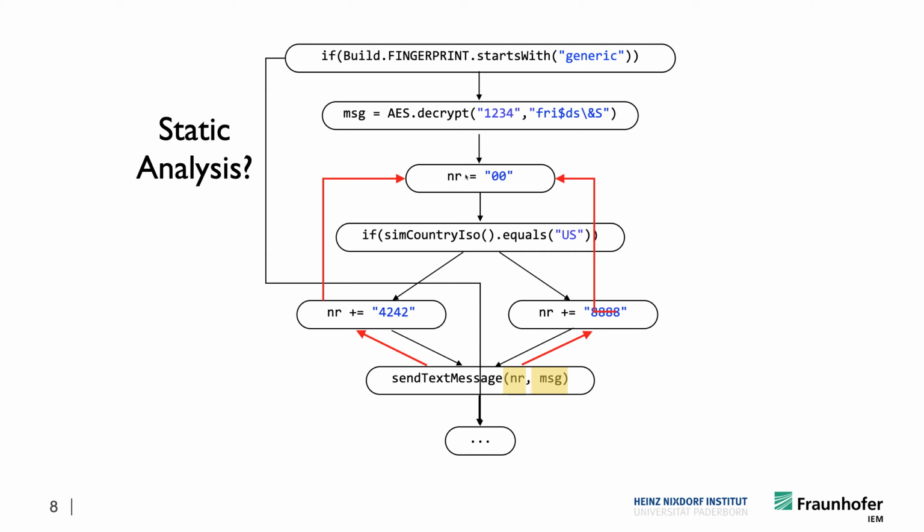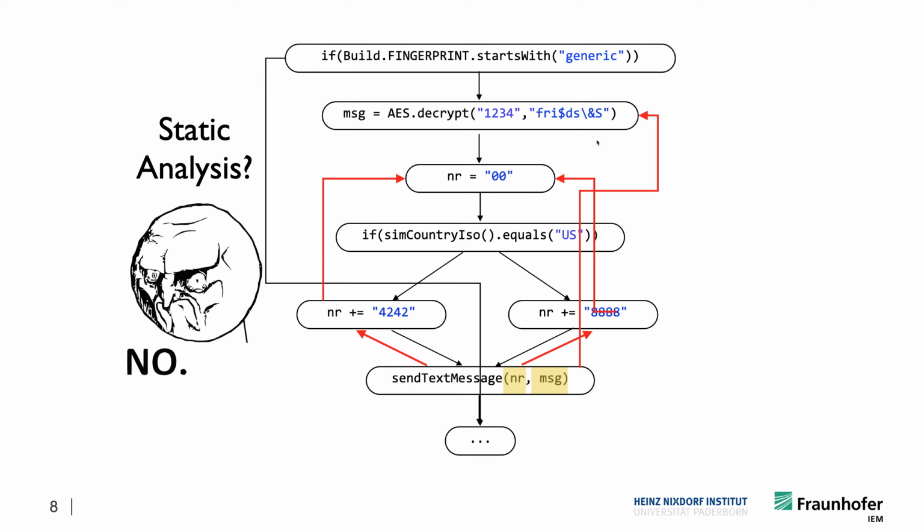So number is being defined up here, message is being defined up there. And we can try to extract these values, but the problem is we won't get very far, right? So at the latest, when we see this message here, in this case, I've actually AES decrypted it. So the static analysis won't really be able to make any sense of it unless it has some special handling of these decryption routines. And there can be an arbitrary number of these routines. So you probably don't want to model all this statically, right? So that's probably not the way to go.